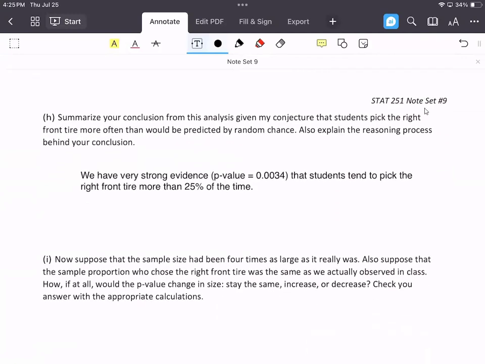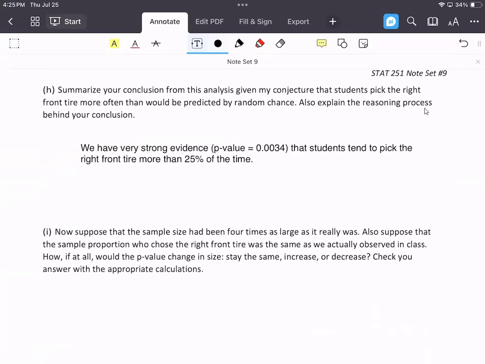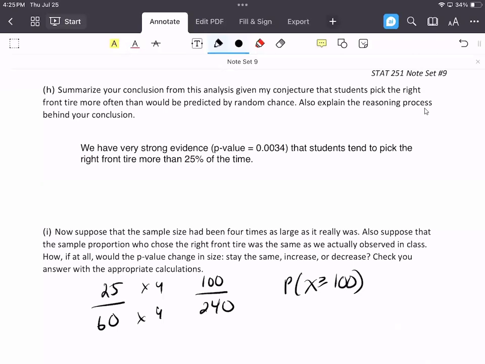Now, what if our sample sizes had been 4 times as large as they really were? So instead of looking at 25 out of 60, we're now going to multiply both by 4, and say it's 100 out of 240. Do you think my p-value is going to go up, or go down, or stay the same? So we're looking at a much larger class.